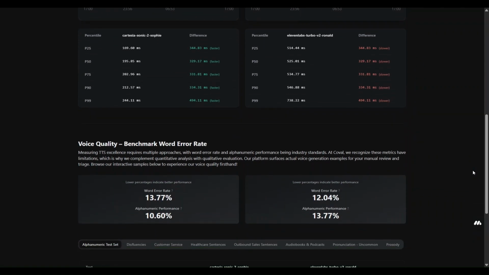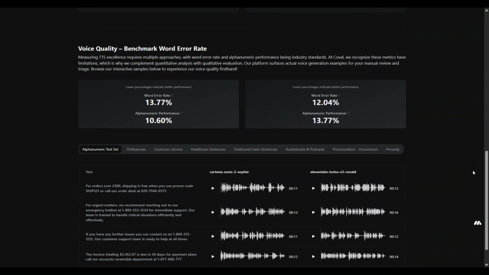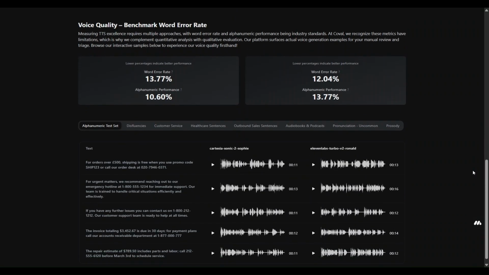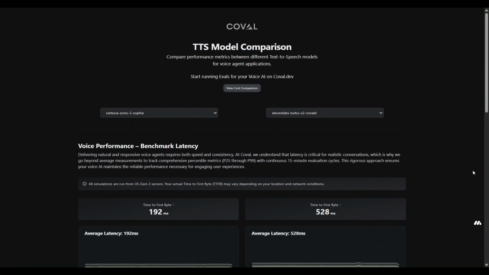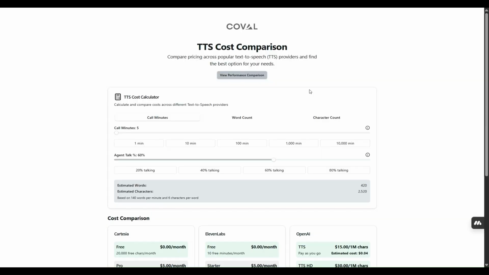Let's say you are working with 100 minutes of voice interaction per day. You will want to figure out which services give you free minutes and what happens when you go beyond that. For example, if you get 100 free minutes for voice generation, that could be enough for you to start testing without any cost.